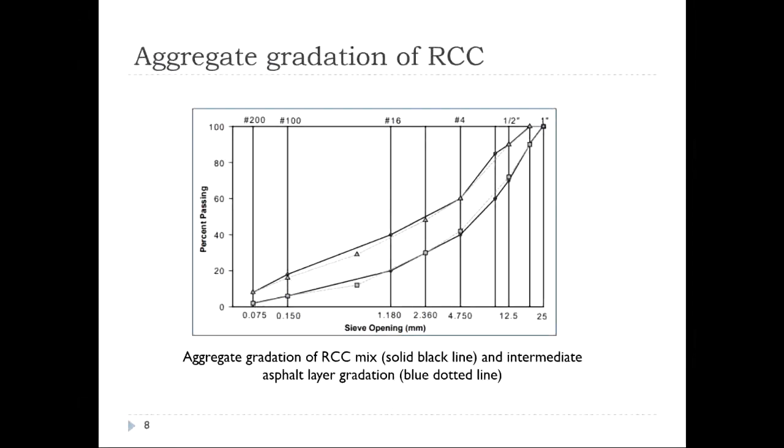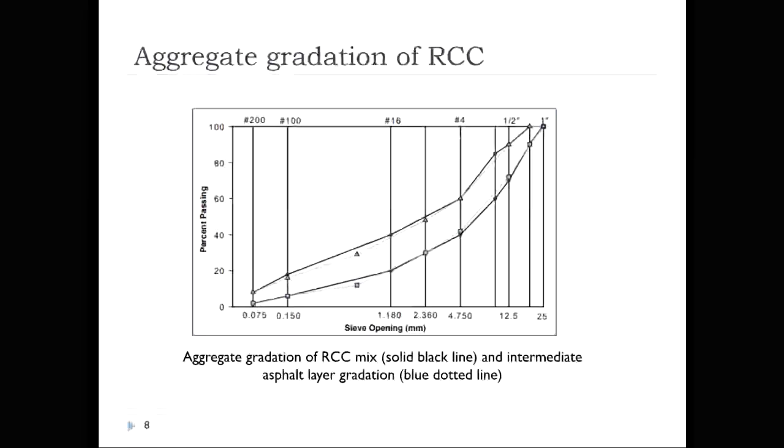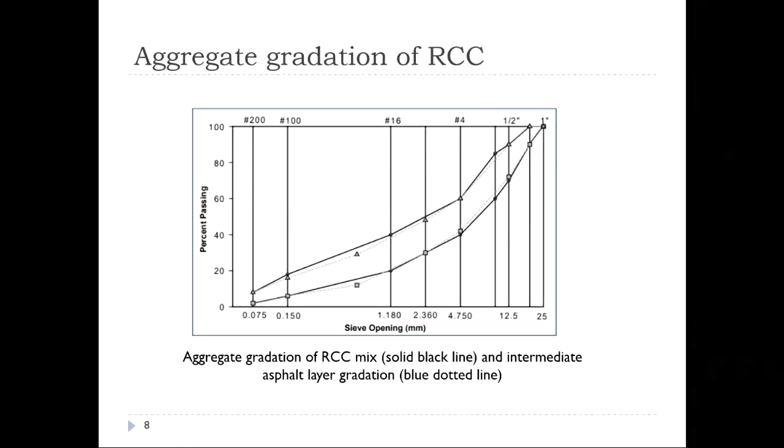Now, what we need to understand here is that these aggregate gradations will be very close to what is referred to as the Superpave dense aggregate gradation line, or otherwise the 0.45 gradation line. So the gradations which are close to the 0.45 gradation line would be denser. So you can see that in comparison with an asphalt mix, a roller compacted concrete mix has a similar gradation as that of the asphalt mix.